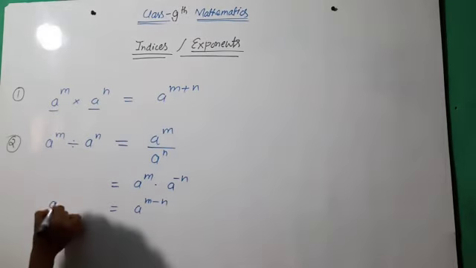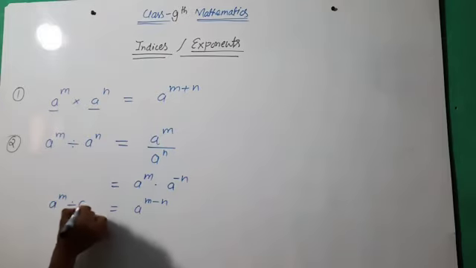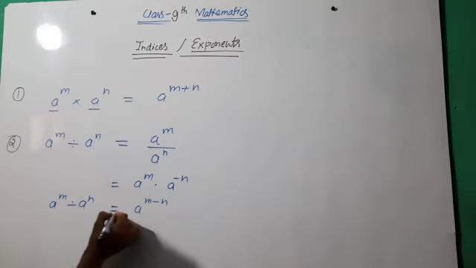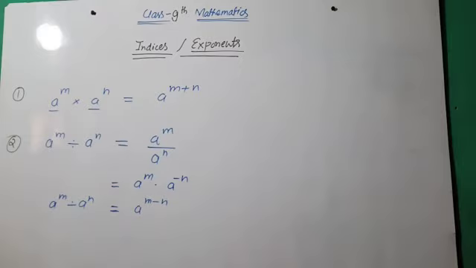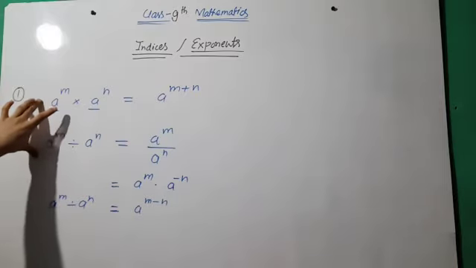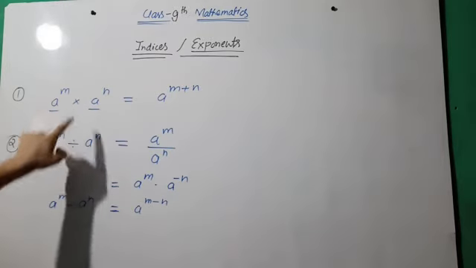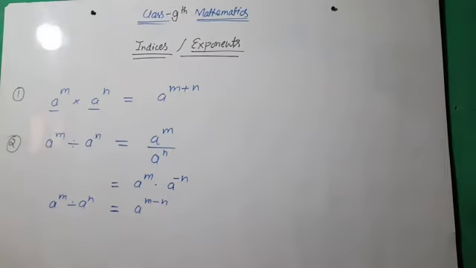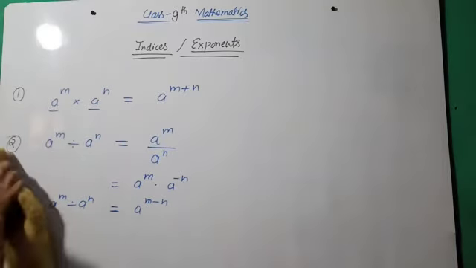So a to the power m divided by a to the power n is written as a to the power m minus n. Actually these two are the basic law, we just differentiate the sign of n between multiplication and division. Both are actually the same.